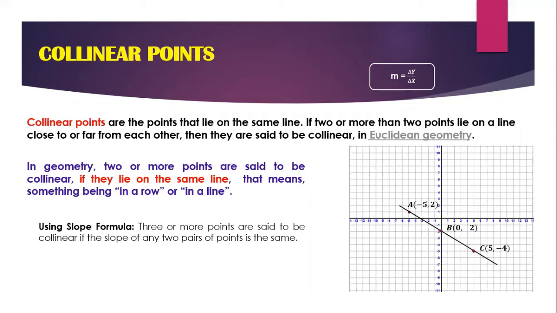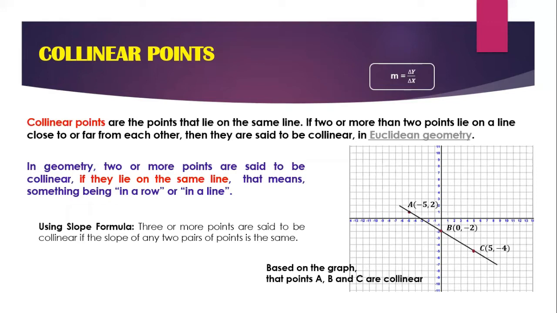Students, the three points A, B, and C lie on the same line, right? So we can conclude that A, B, and C are collinear points. Is it clear, everyone? That's collinear points.